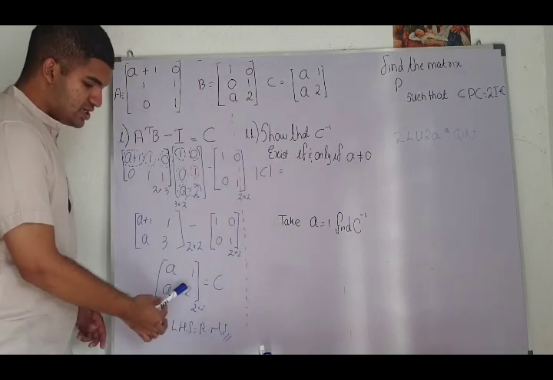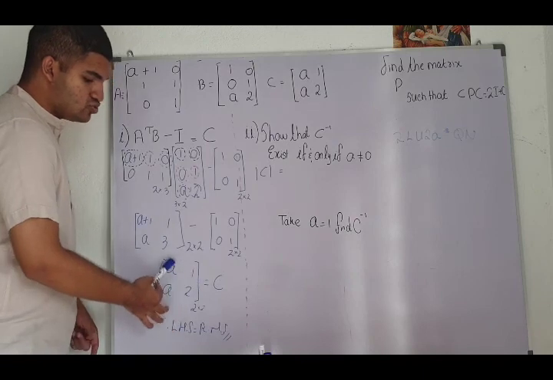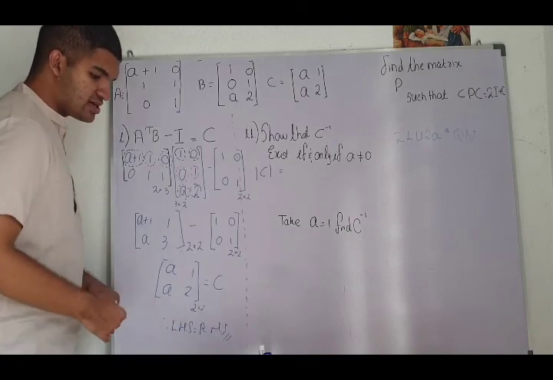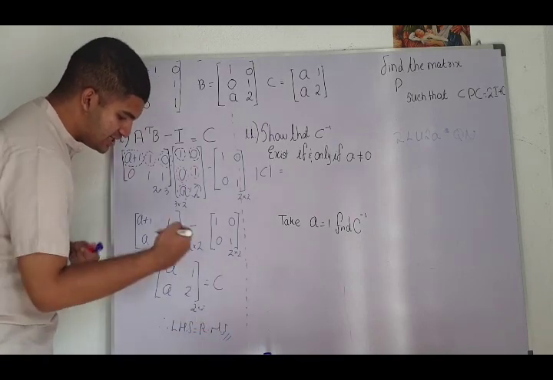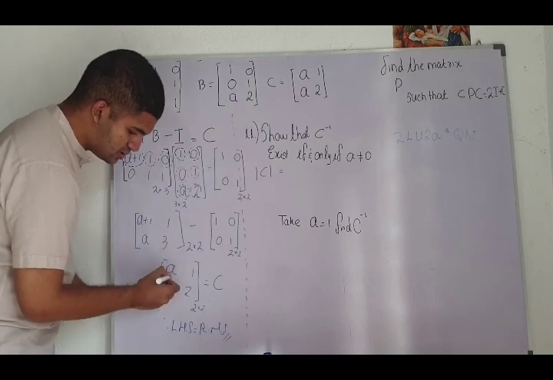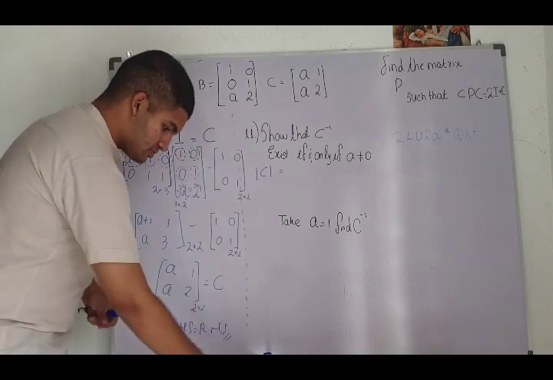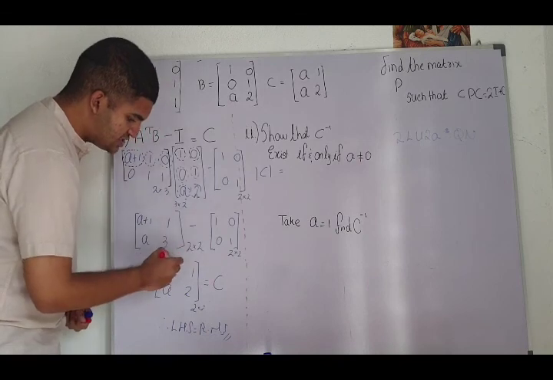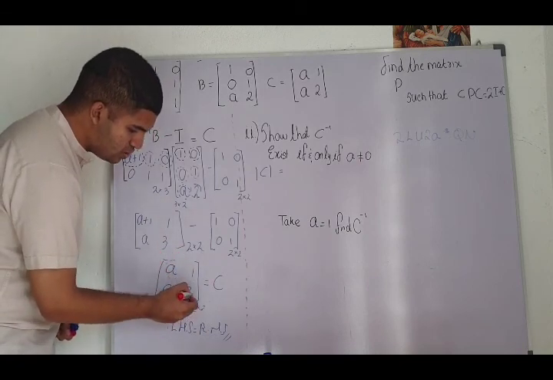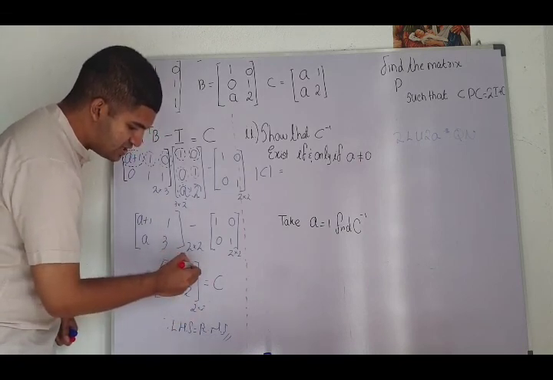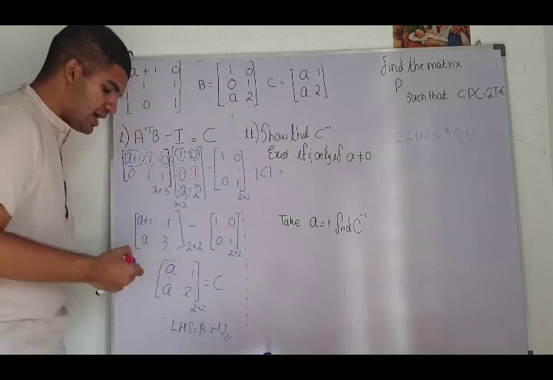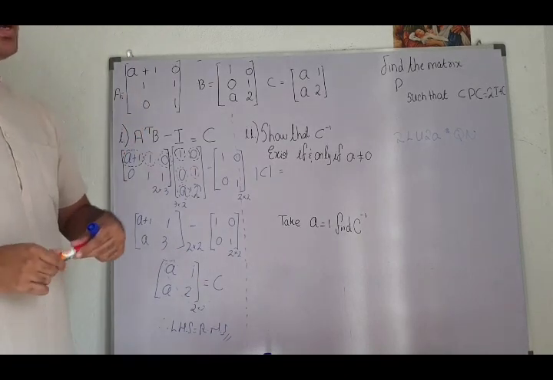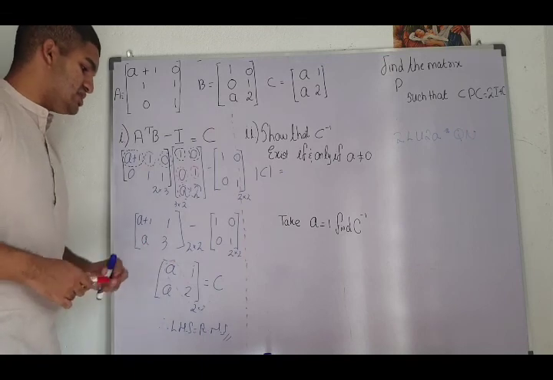Now we can see here that we have two diagonals right here. This diagonal right here is called the major diagonal, while this other diagonal is called the minor diagonal. I'm not going to circle that because you can easily differentiate.